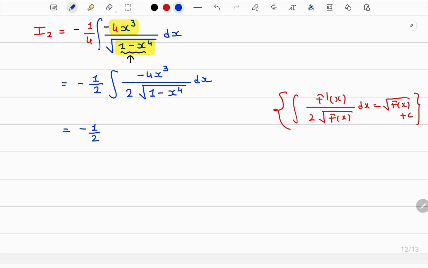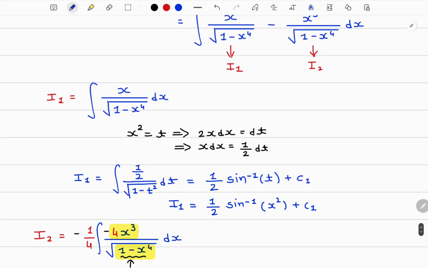So this is f of x, this is f dash x. So this is f dash x upon 2 root f of x. So we can say that this is nothing but root f of x, means root under root 1 minus x raised to 4 plus c2. So this is our I2.